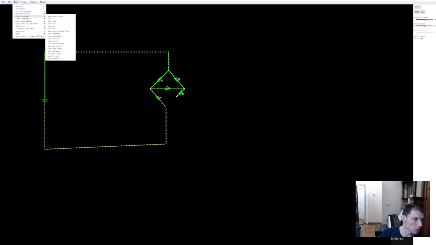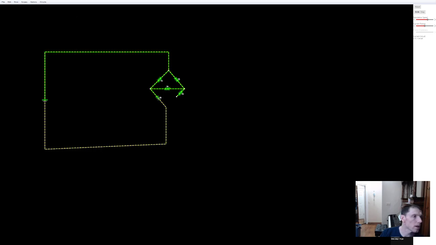No, sorry, outputs and labels. Definitely not inputs and sources. Outputs and labels. I can draw this in, right? And now it's showing me what the current is through that. And you could do this for every resistor and just use this to confirm that your work is correct, right?